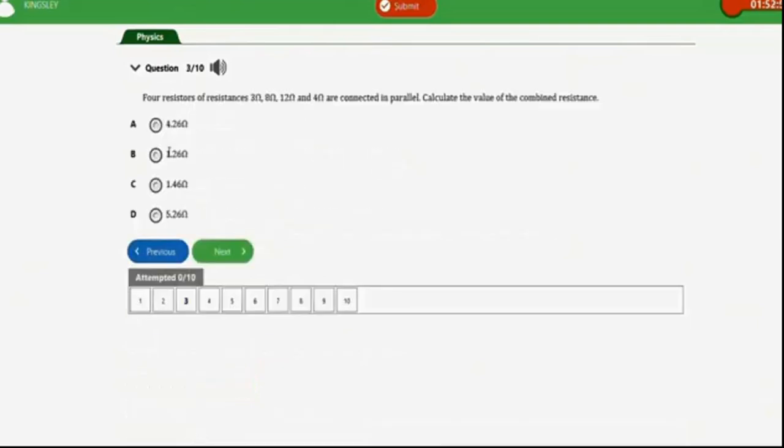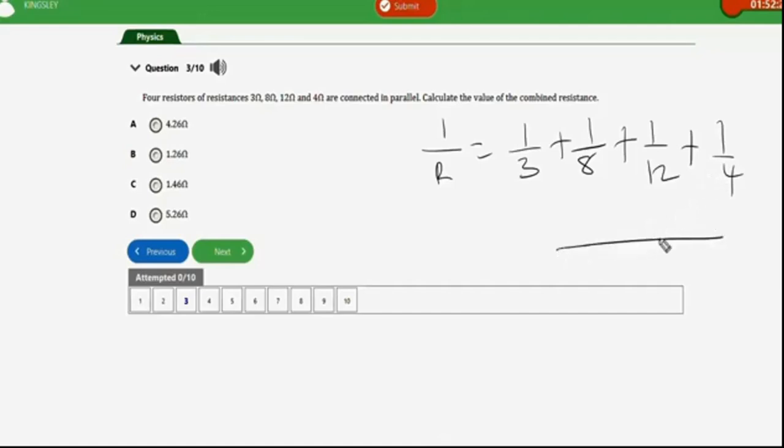It says, 4 resistors of resistance this value are connected in parallel. Calculate the value of the combined resistance. So it's talking about parallel connection now. For parallel connection, this is the formula: 1 over R equals, we have the first resistor to be 3, plus the second one is 8, the third one is 12, and the fourth one is 4.